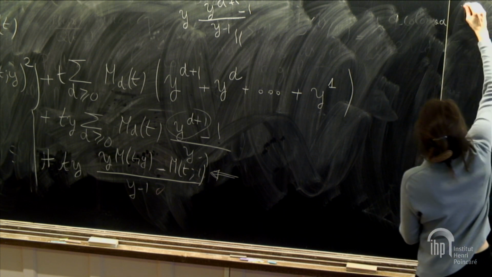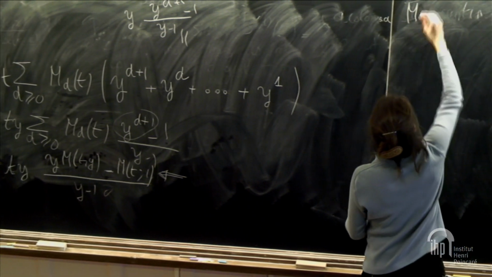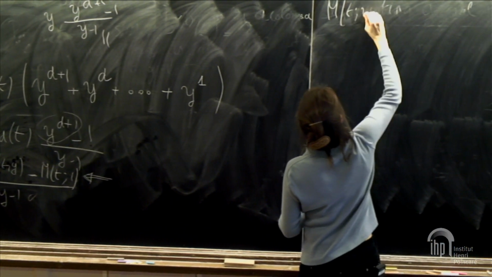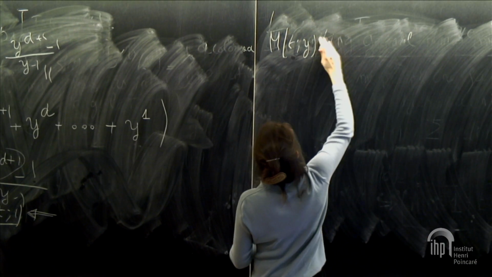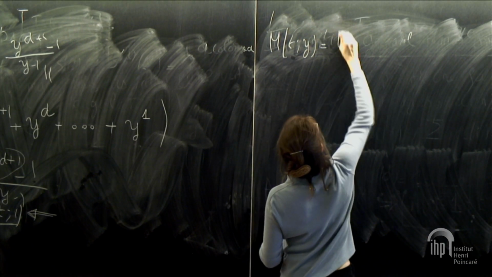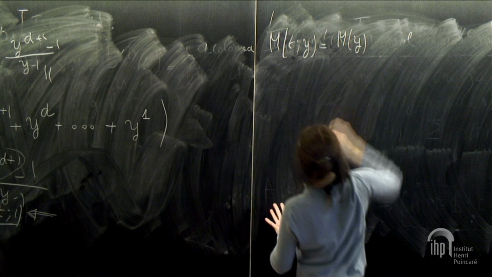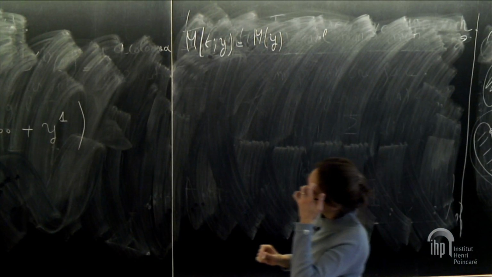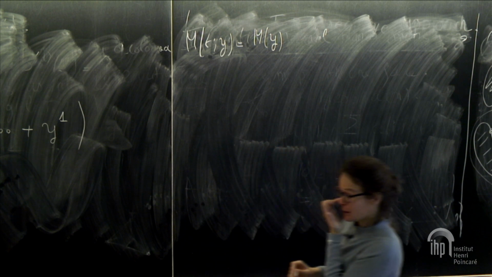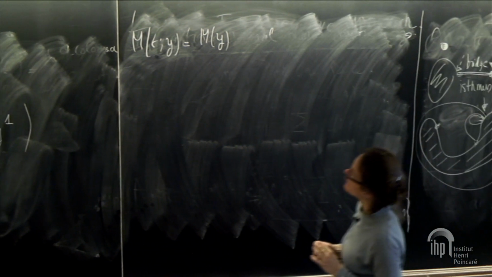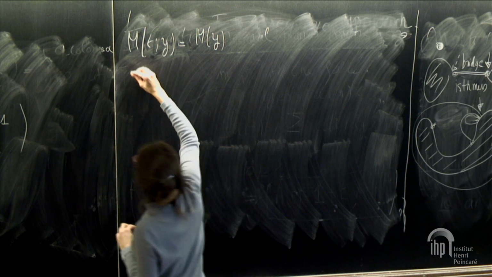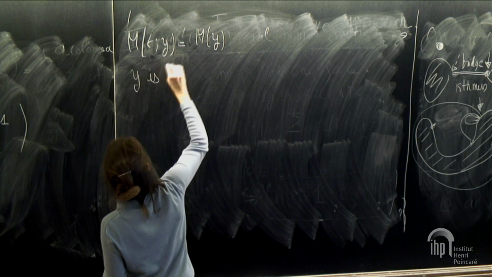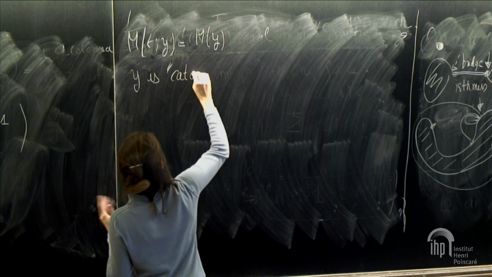So what I'll do is lighten notation by dropping the dependence in t, and I just write m of y, and we say, following terminology introduced by Doron Zeilberger, that the variable y is catalytic.